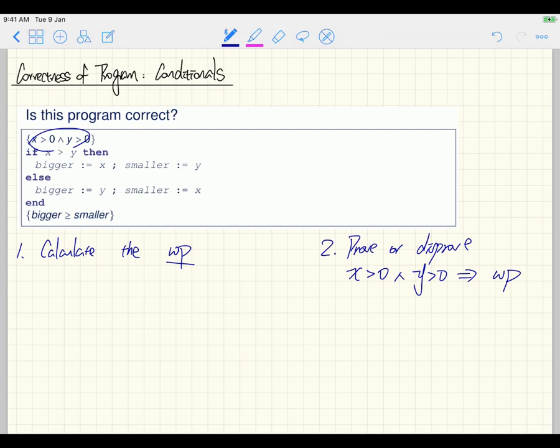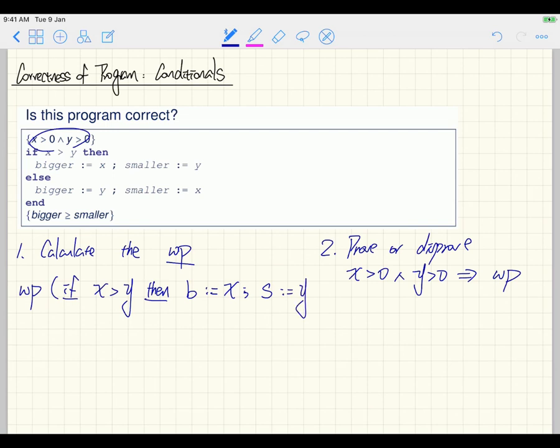How do we calculate the WP over here? It's going to be the WP for the following. We say if x larger than y, then bigger, B, is assigned to x, followed by smaller, S, is assigned to y.